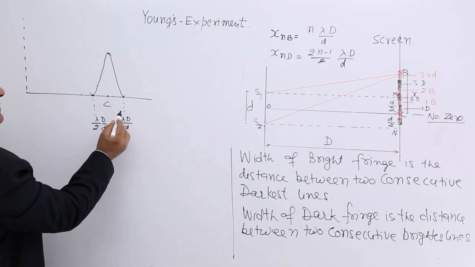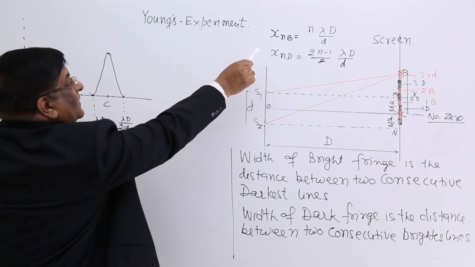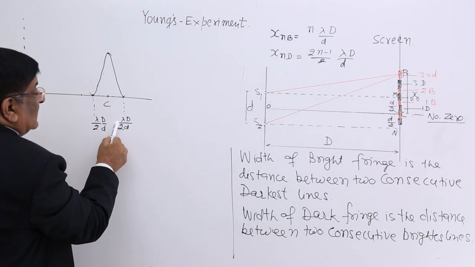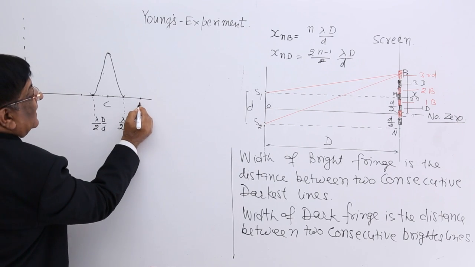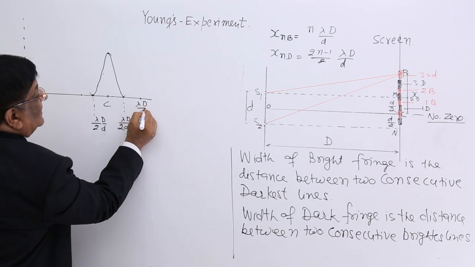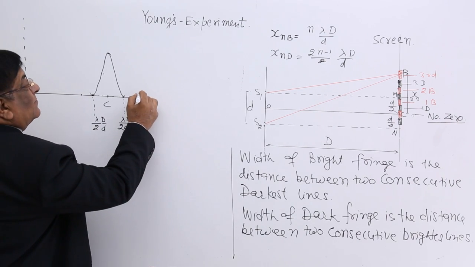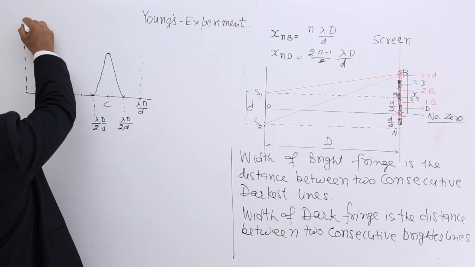So, where is the first bright? This is half lambda D by d, and this is 1 lambda D by d. This is again a very bright point.